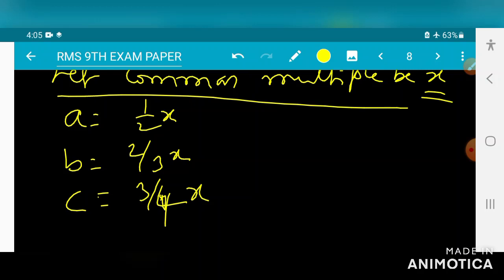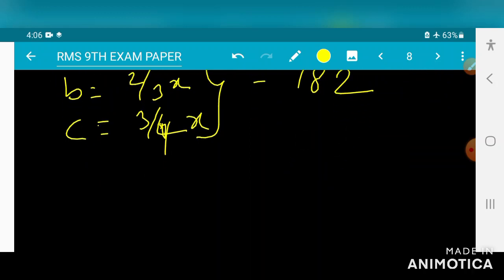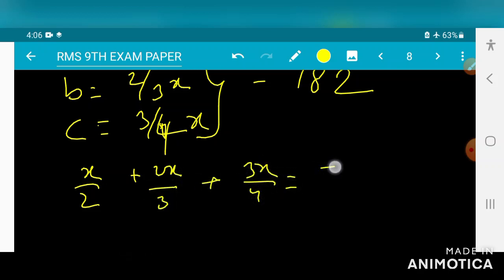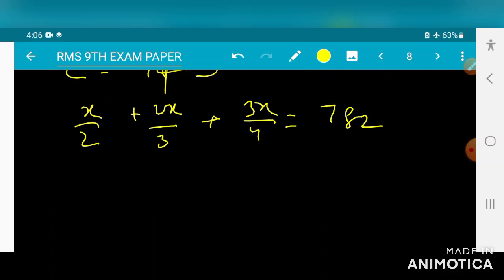It is given that the sum of these numbers equals 782. Just add: x by 2 plus 2x by 3 plus 3x by 4 is equivalent to 782. Now the LCM of 2, 3, 4 is 12.